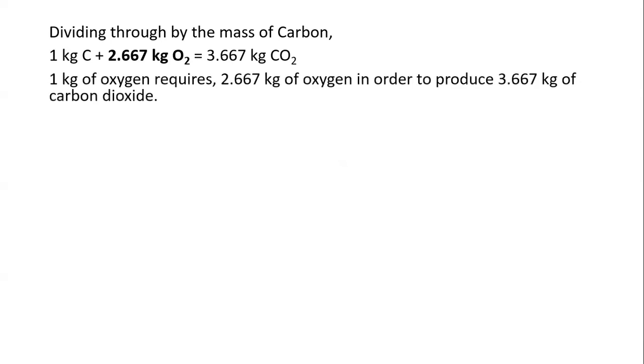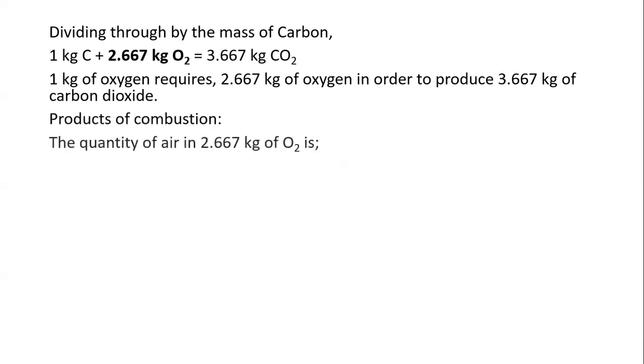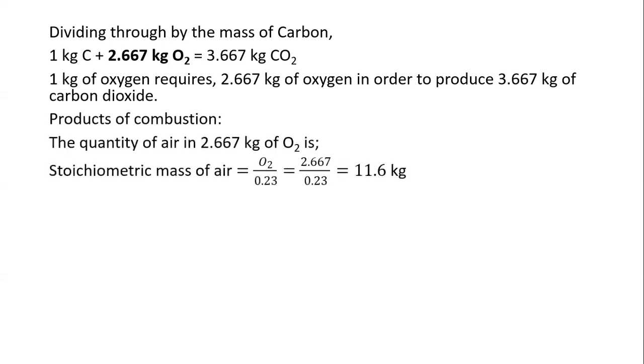So in conclusion, when you attempt to burn 1 kg of carbon, you need 2.667 kg of oxygen. In terms of air by mass, because we said by mass you have 23%, calculating backwards, you divide that answer by 0.23, meaning you end up with 11.6 kg of air.